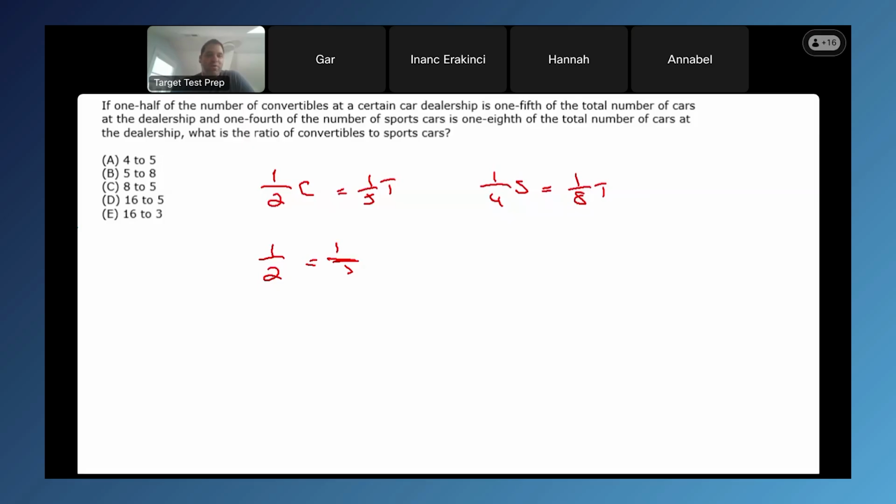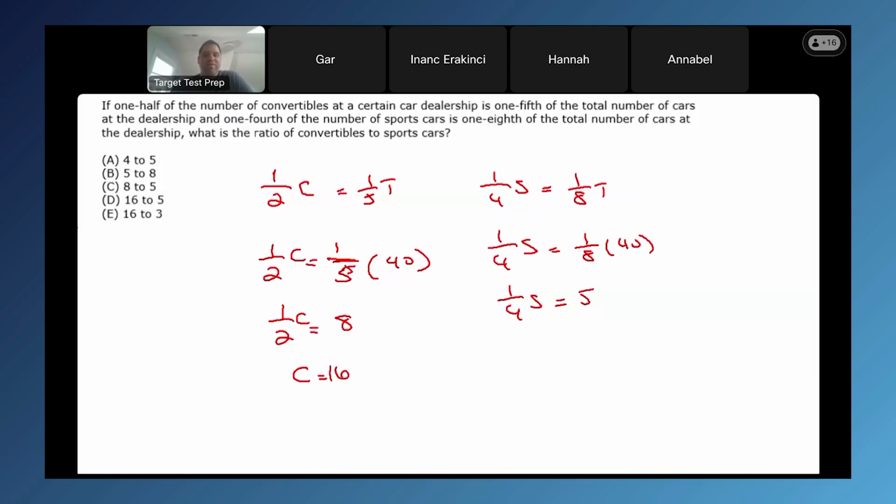And again, this question isn't horrible. You certainly don't have to plug in, but it's something that can work well. So then you have 1/2 C is equal to 1/5 of 40, which is 8, or C is 16. And then 1/4 S is 1/8 of 40, or 1/4 S is equal to 5. S is equal to 20.